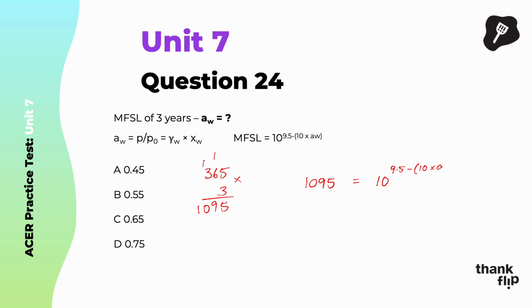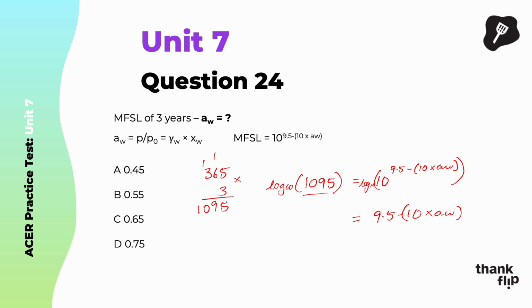10 times AW. So same as before, we have to take the log of both sides, right? And this side is easy, we've done it before. It's 9.5 minus 10 times AW. However, this side is a little bit more tricky because that looks like a bit of an uncomfortable number.